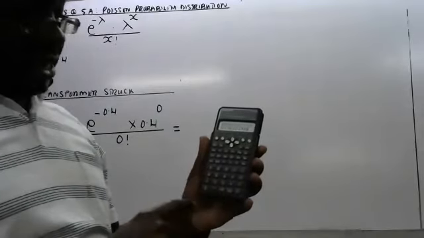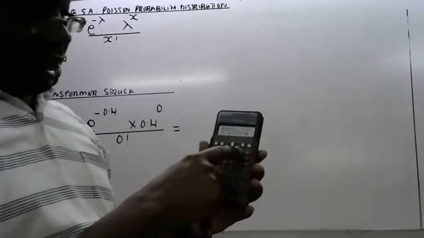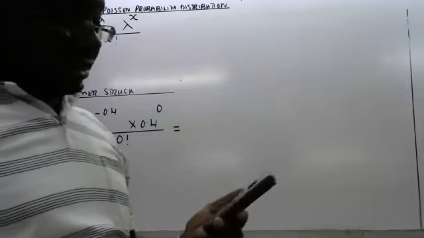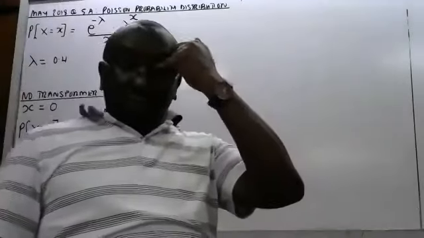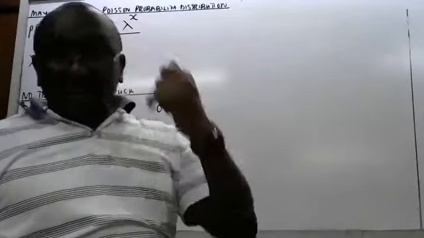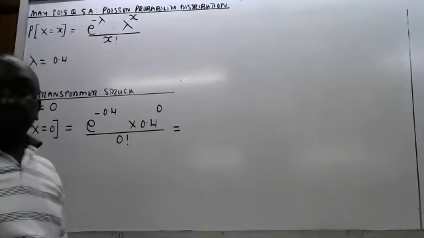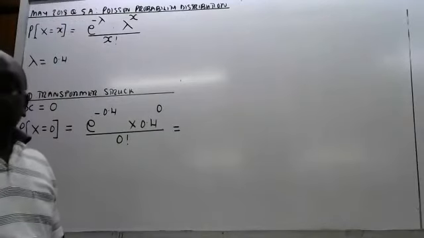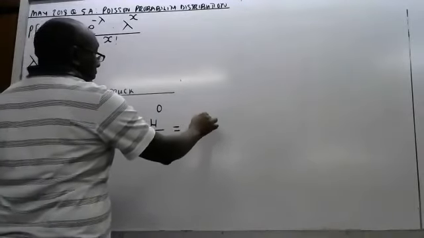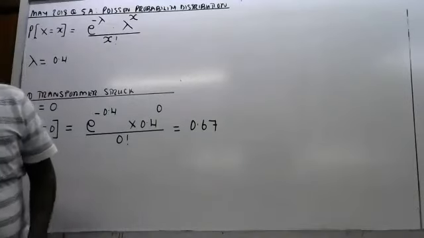Then you say divide by 0 shift factorial. And the answer, send me the answer to 2 decimals. Yeah, good. 0.67. To 2 decimals, that is 0.67.